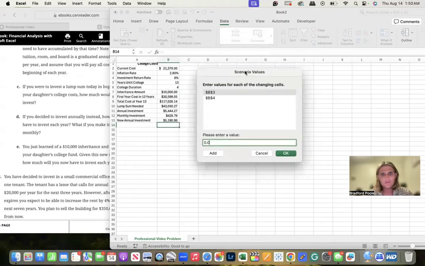And do the best case as 0.25 as the inflation rate. And we'll do our investment return as 10%.